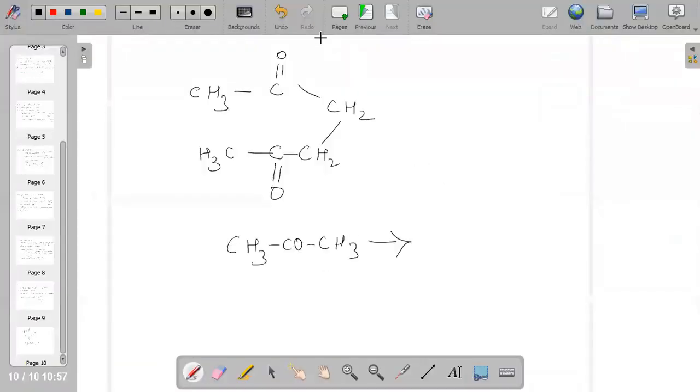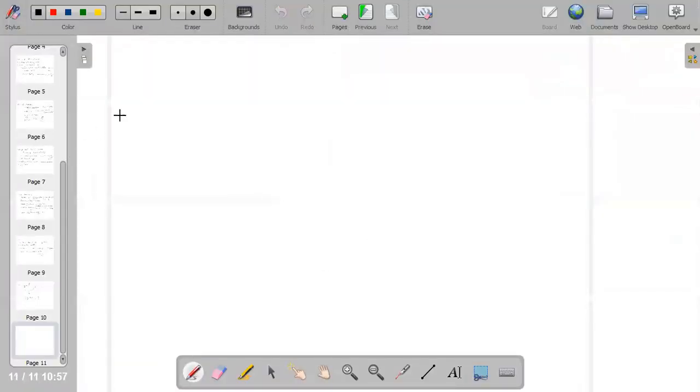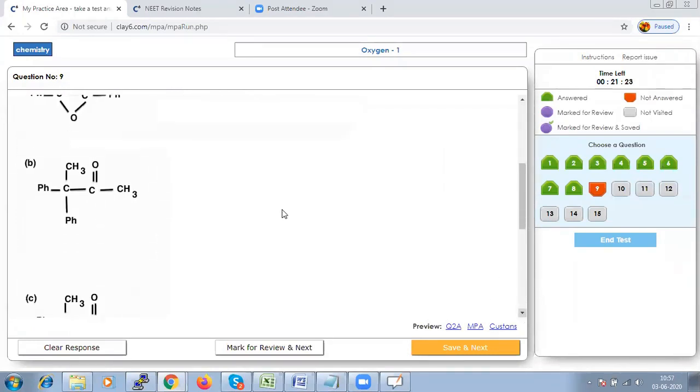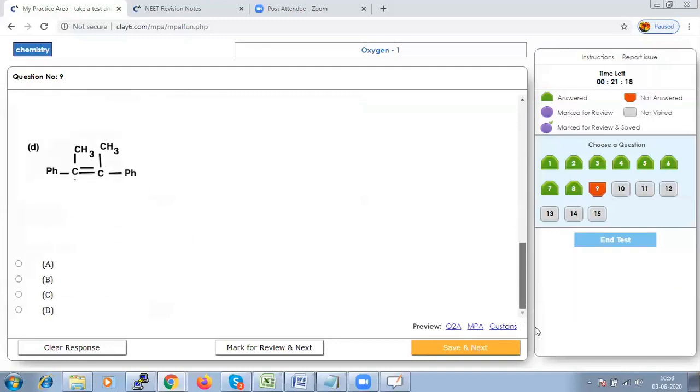The compound which is being formed can be Ph, C, Ph, and here you will have CH3, C double bond O, CH3. This would be just a replacement, or we can say that the phenyl group will be migrated in preference to the methyl group. Hence from the given options, option B is correct. So let us save that and go to next.